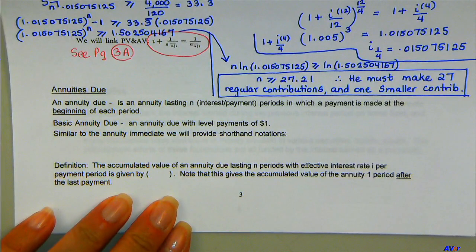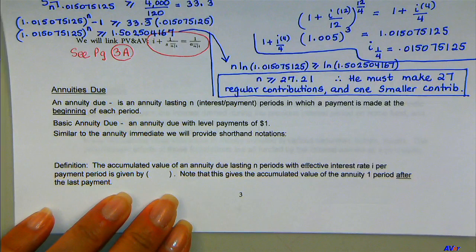An annuity due is an annuity lasting n payment periods in which a payment is made at the beginning of each period. A basic annuity due is an annuity due with level payments of 1. Similar to annuity immediate, we will provide shorthand notations.